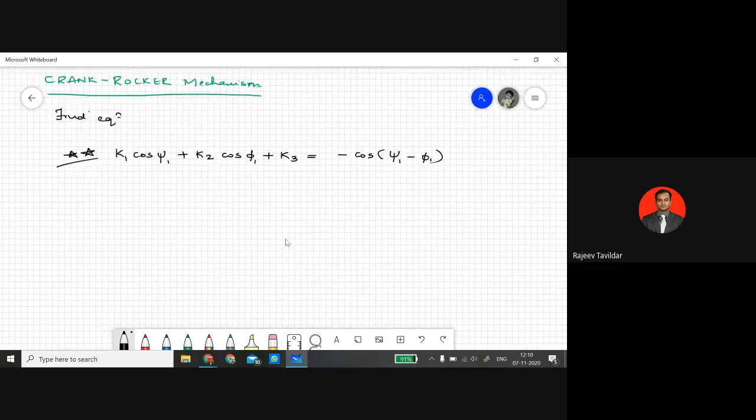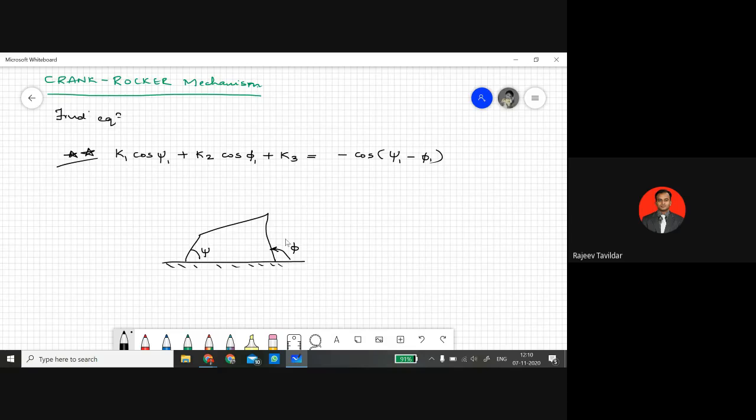I hope you can understand why this is coming. If I take a 4-bar mechanism or the crank rocker mechanism in this fashion, the input link has to rotate by psi value, and the output link has to rotate by phi value.